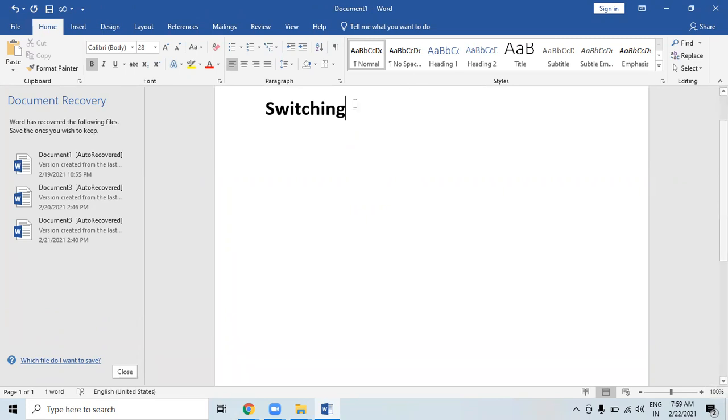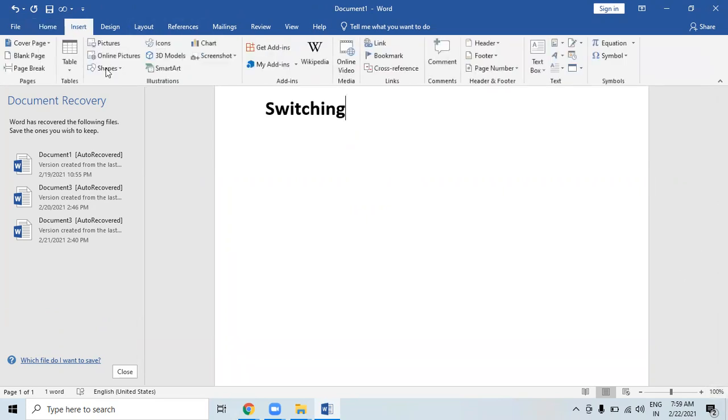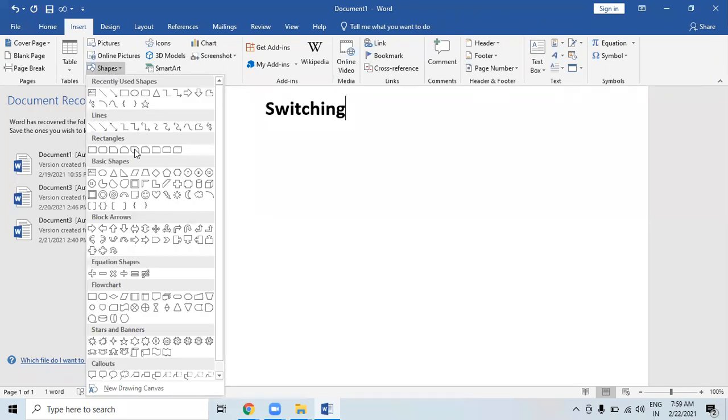If switching looks like this, just one minute. Let's take the diagram here.